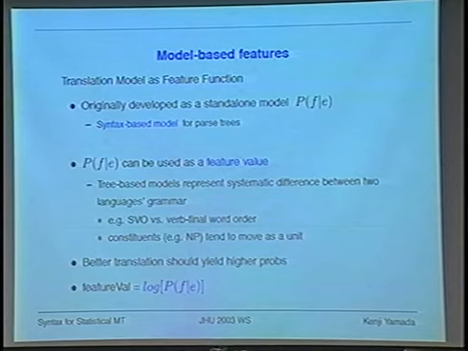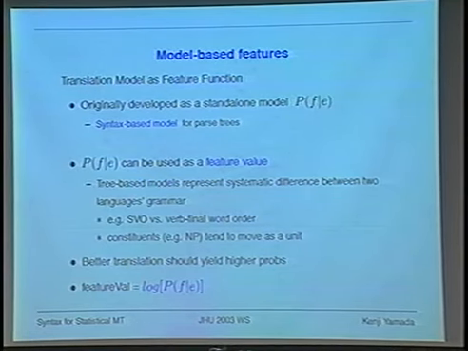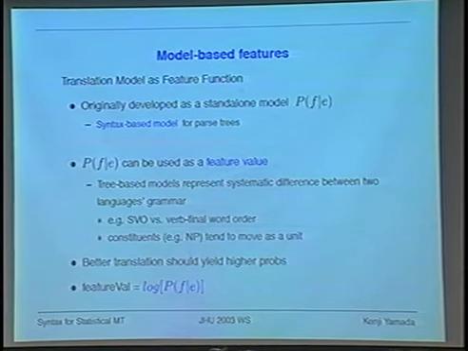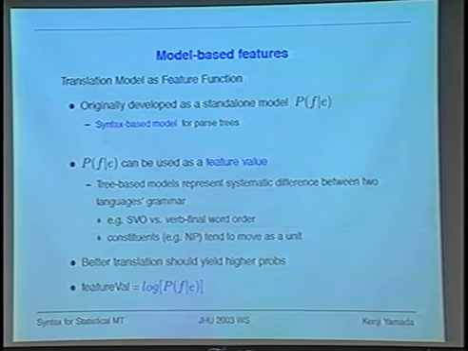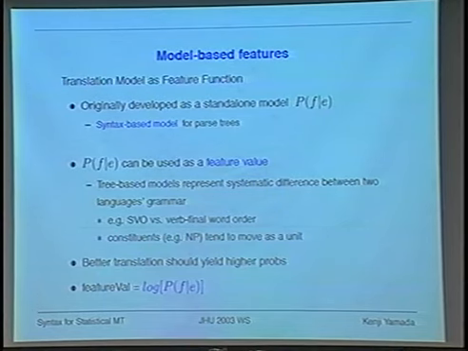And the second part of my talk is that we also use the parser output as an input for a different model. Here we use the syntax-based translation model, which was developed for its own purpose. But the point here is that the translation model is based on syntax.